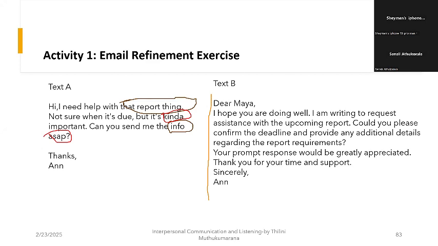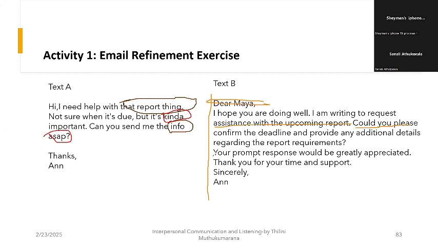When we talk about the logical structure, it starts with a greeting, okay? And then it states the purpose clearly. I'm writing to request assistance. Okay, the purpose is there clearly. And also it asks clear questions to clarify. Could you please confirm the deadline and so on?